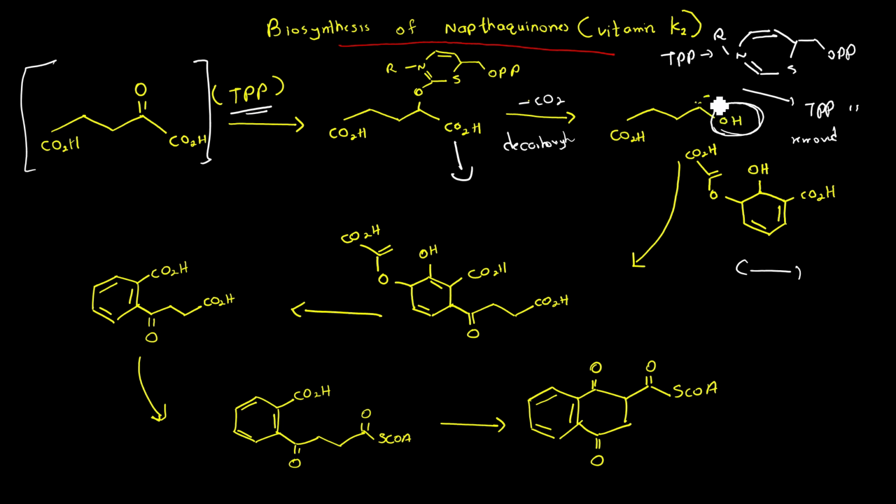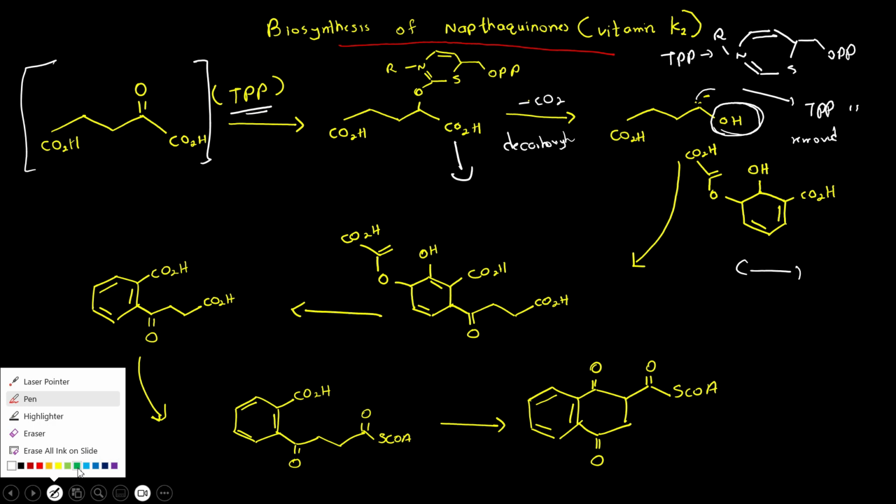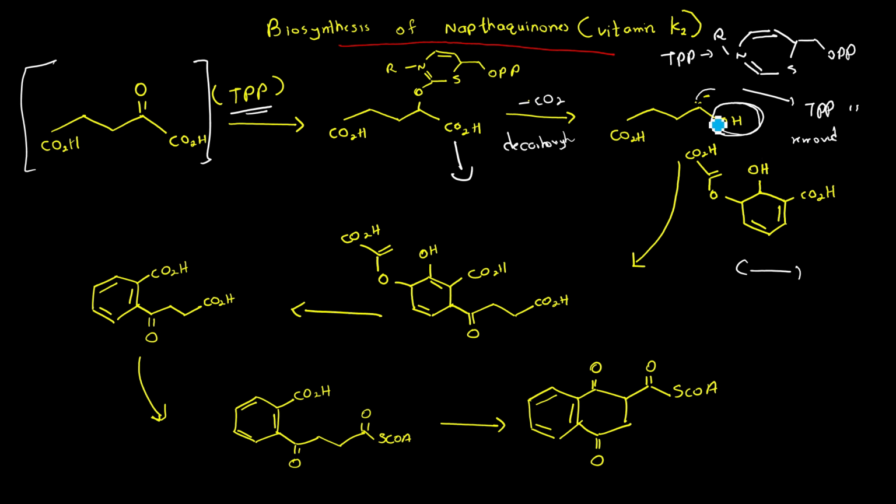Now what happens? This nucleophilic group, let me take another color, we will take blue, will go and attack this particular position. I hope you are okay. When this attack happens, this bond will be broken and form over here, and we have this kind of molecule.